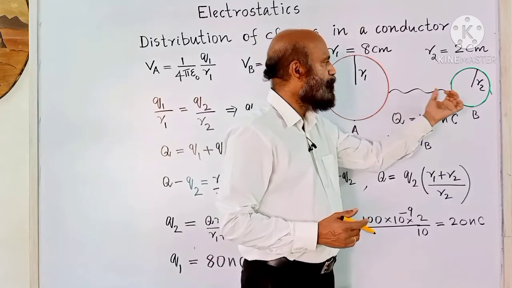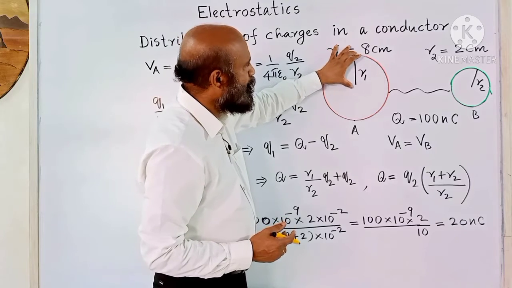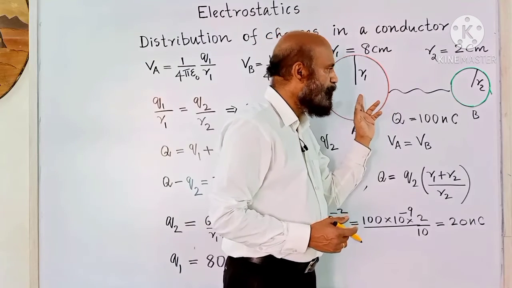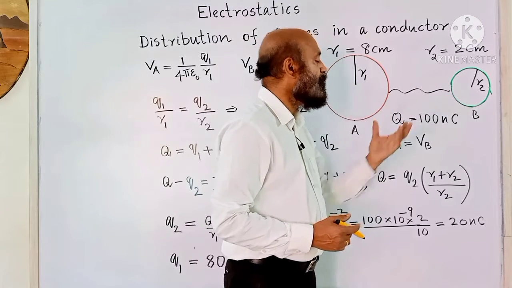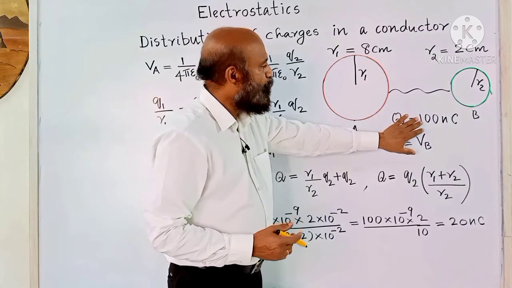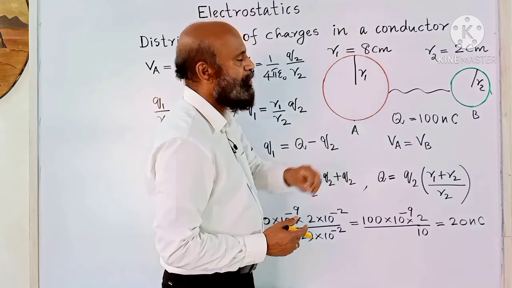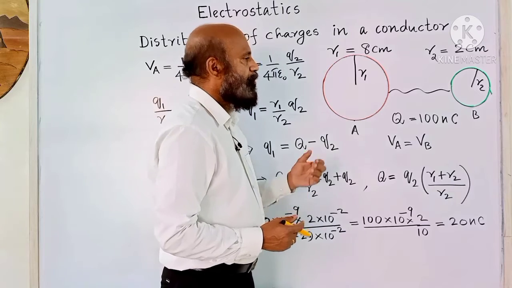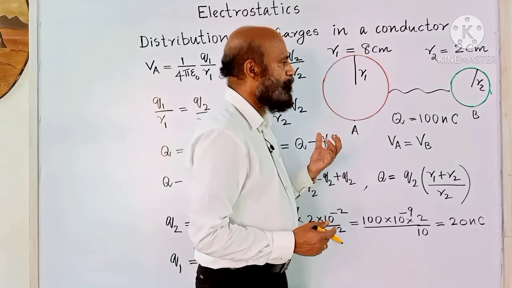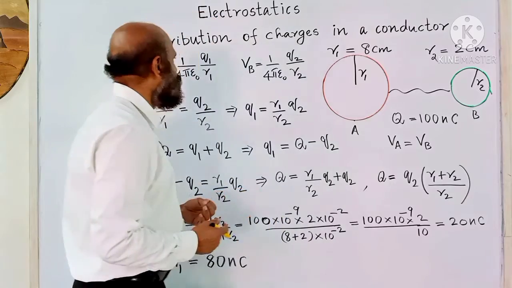It is separated by a distance much larger than 8 centimeter. A charge of 100 nanocoulomb is given to any one of the spheres. These two spheres will acquire electrostatic equilibrium and both will be at the same electrostatic potential.